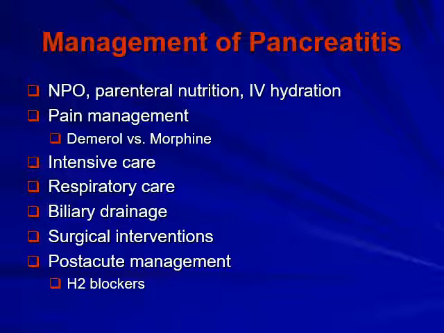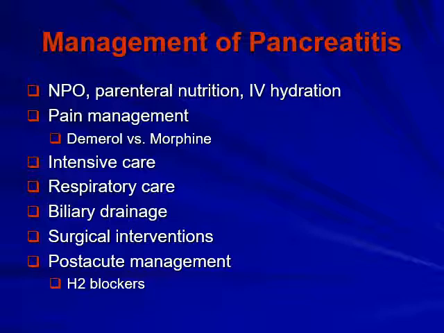Intensive care, as far as correction of fluid and blood loss and the low albumin, typically they may be, depending on the severity, more of an ICU type patient, so they can be monitored more closely. They're typically on antibiotics to kind of reduce some of that inflammation.